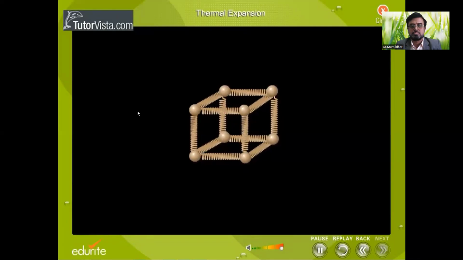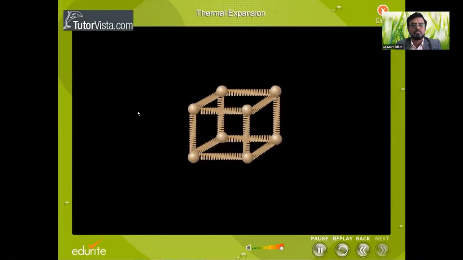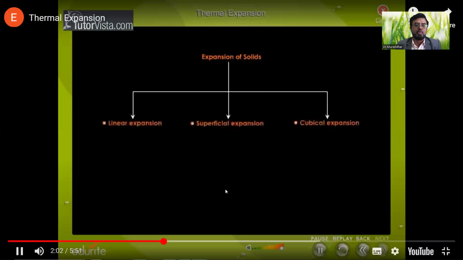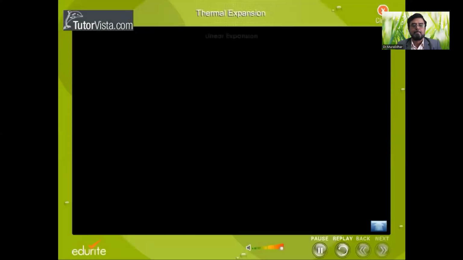As the atoms get farther apart, their dimension increases. The thermal expansion of solids is of 3 types, namely linear expansion. Linear means lengthwise. Superficial means area-wise. Cubical means volume-wise. Superficial expansion and cubical expansion.